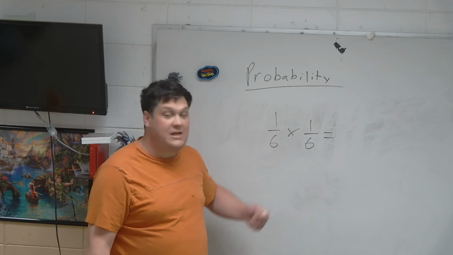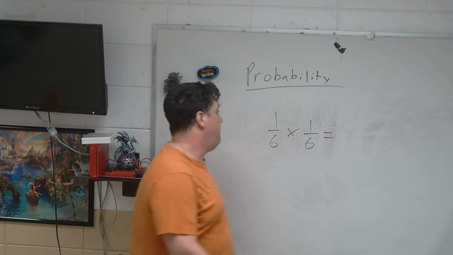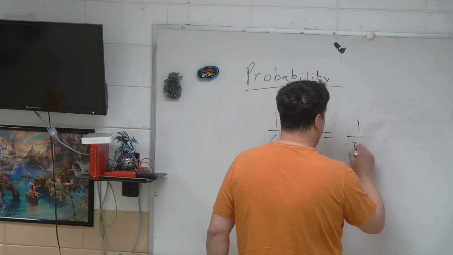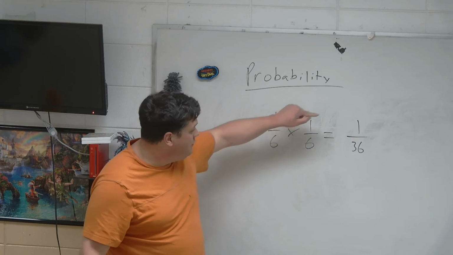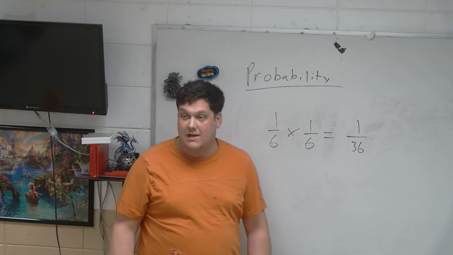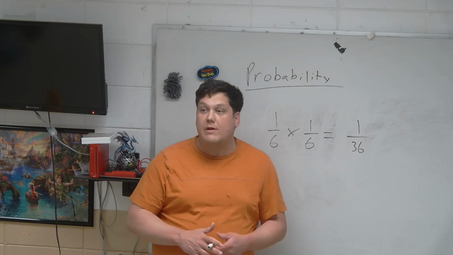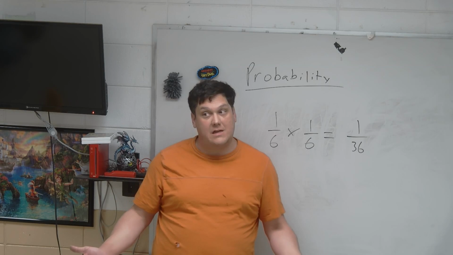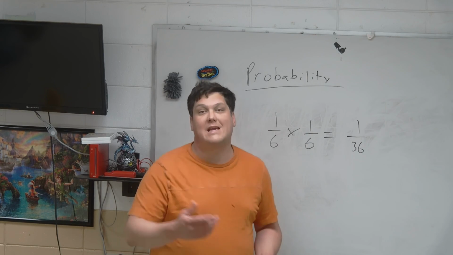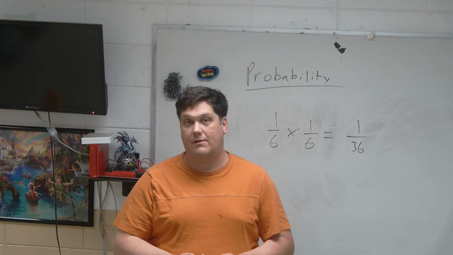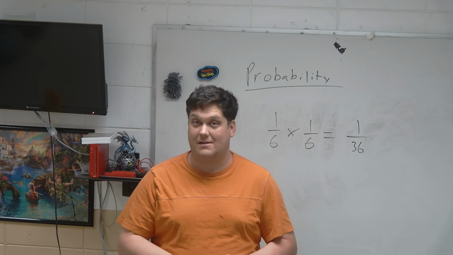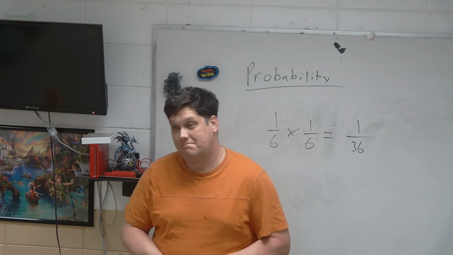And there's only a 1 in 6 chance of rolling a 6 on the second die. 1 times 1 is 1, and 6 times 6 is 36. Out of 36 rolls of a couple of fair dice, you would only expect to get a 12 once. It doesn't happen very often. So if you're playing a game like Monopoly and you're counting on getting a 12 on those 2 dice, good luck. It doesn't happen very often. Neato.